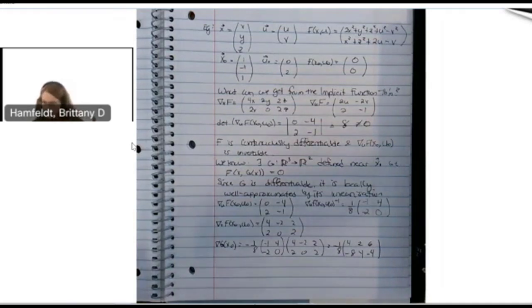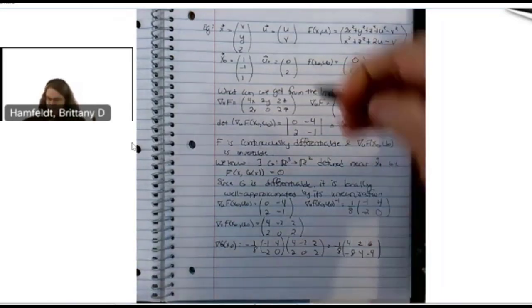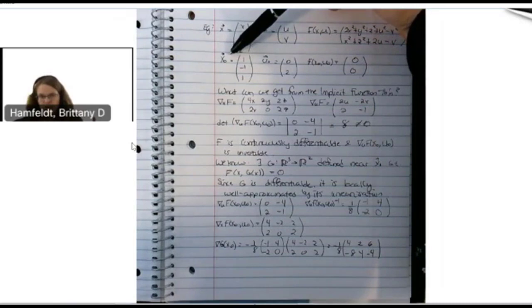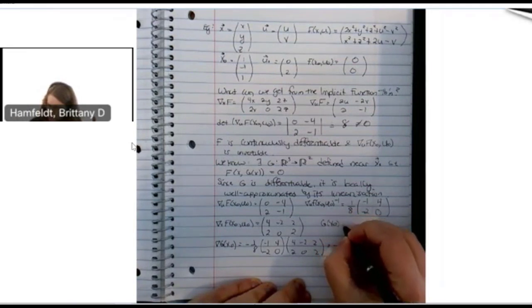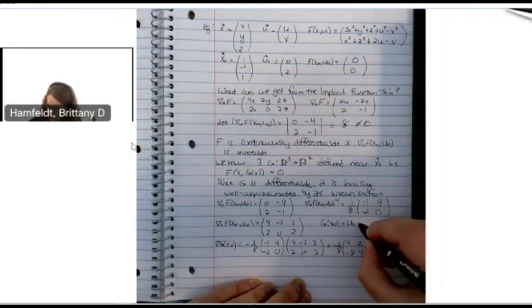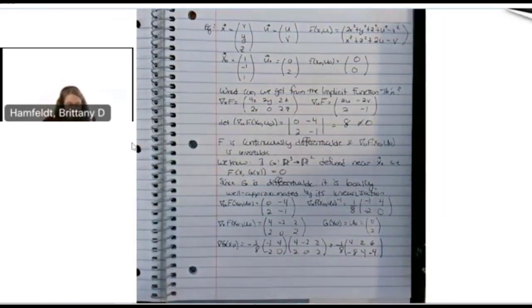What else do we need to know? We need to know what G is at our reference point. Okay, again, the implicit function theorem guarantees us that G at our reference point just gives us our U reference point. So G of x naught is going to be U naught. And now we're in business.